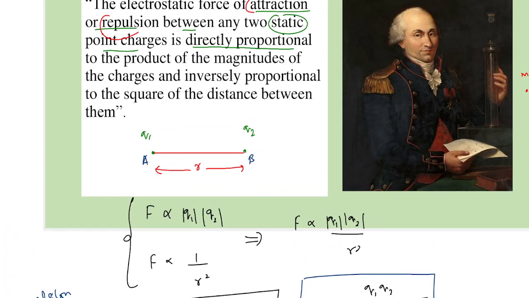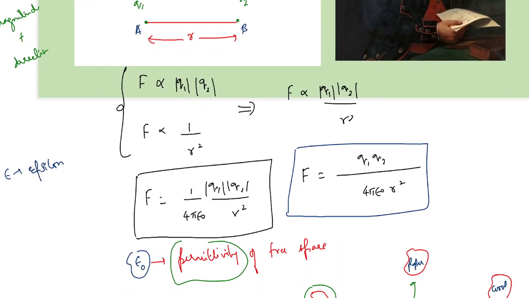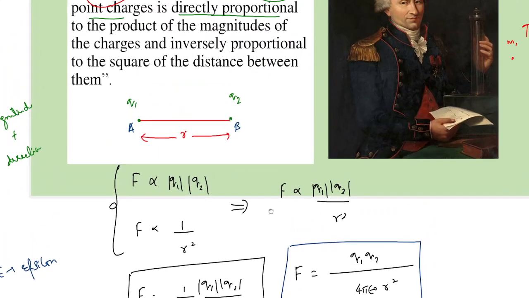To write in vector form, we need two things. We need the magnitude plus direction. So the form you got here is its magnitude, and for direction we need to define some direction.